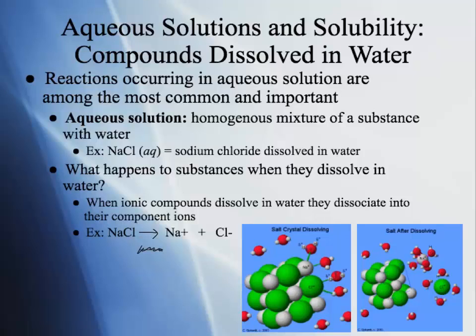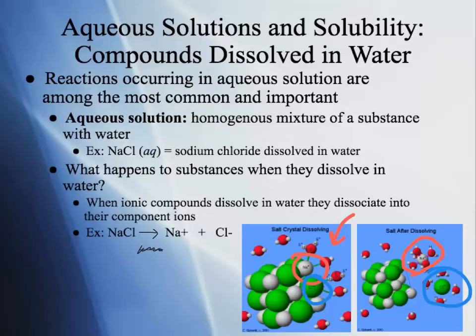You can see in this picture right here, the oxygen of the water molecule is slightly negative, so that's going to be tugging on the positive sodium ion, and the hydrogens of the water have a slightly positive charge, so they are going to tug on the chloride ions. Eventually you're going to get the sodium ions pulled away from the chloride ions, and they're all going to be surrounded by little water molecules.